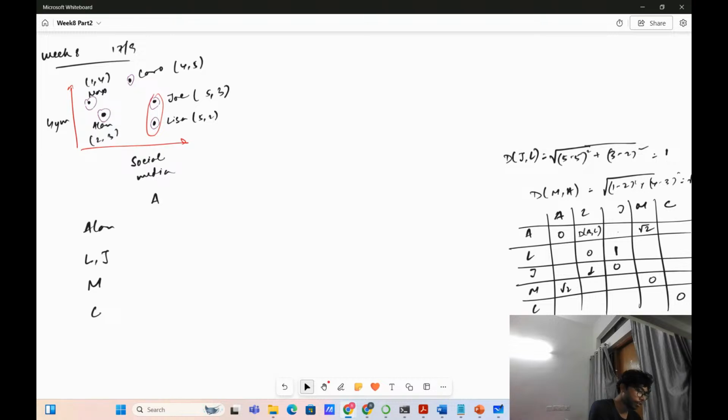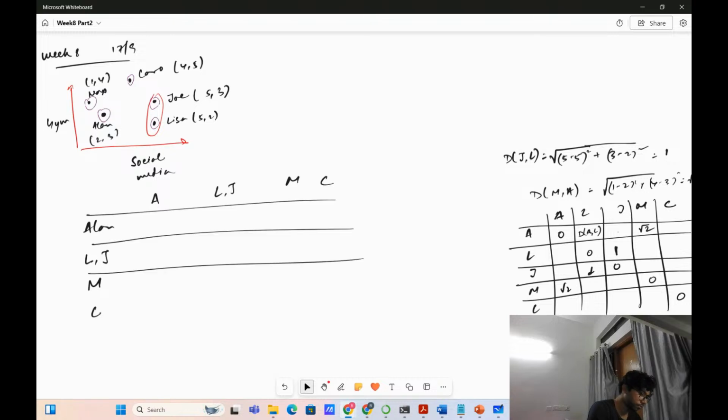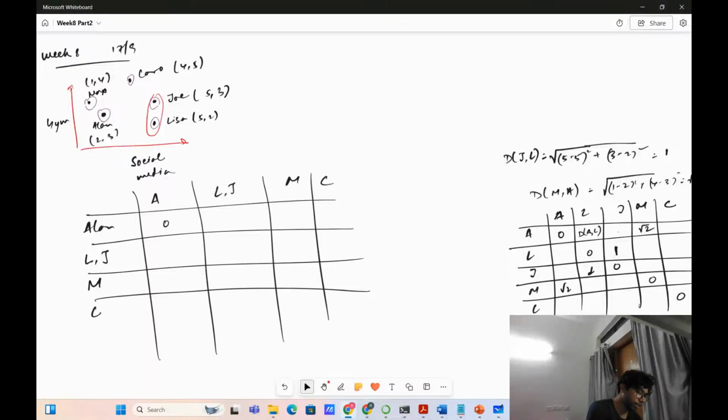Similarly, you have Alan, Lisa, Joe, Max, and Caro. The diagonal entries would be 0. Now, what is the distance between Lisa, Joe, and Alan? How do we calculate it?